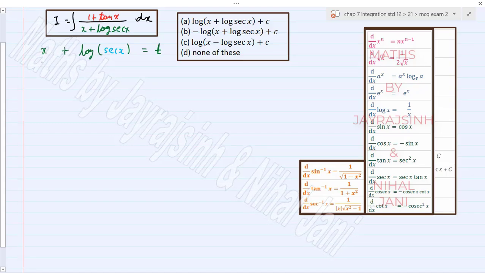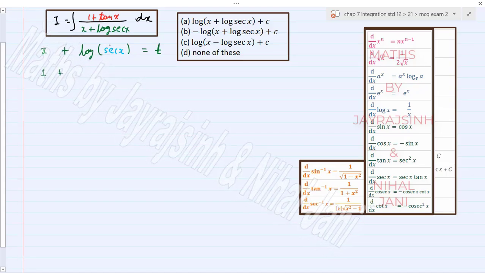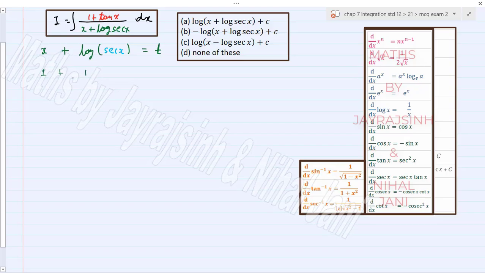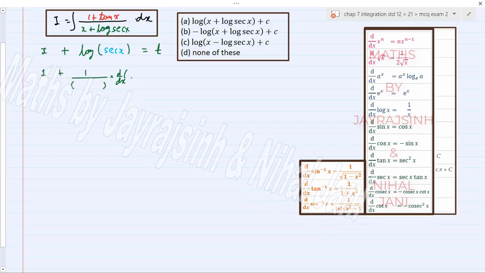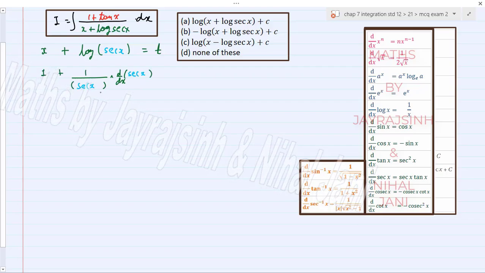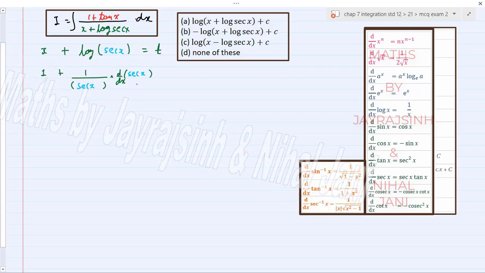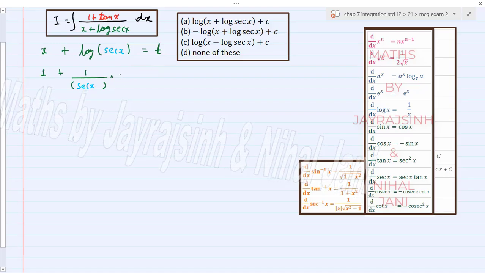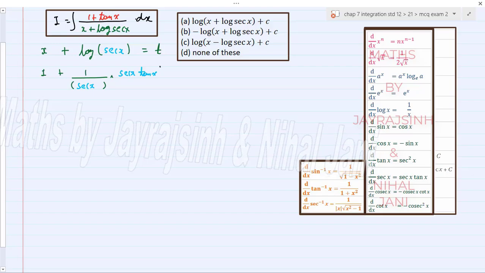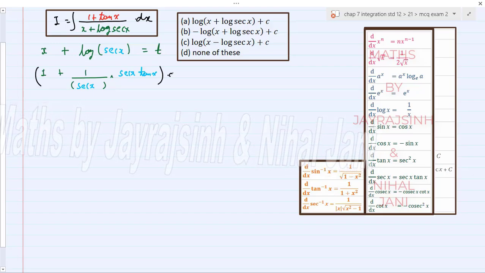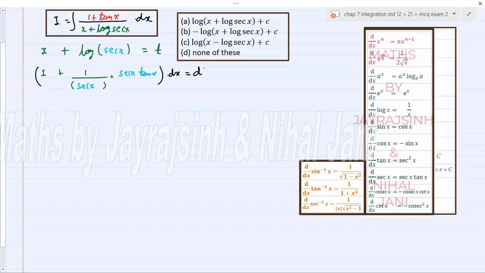Differentiate both the sides. Differentiation of x will be 1 and differentiation of log box will be 1 upon box into d by dx of box. Within the box we have sec x, so we just have to multiply by the differentiation of sec x, which is sec x into tan x, whole dot dx is equal to dt.